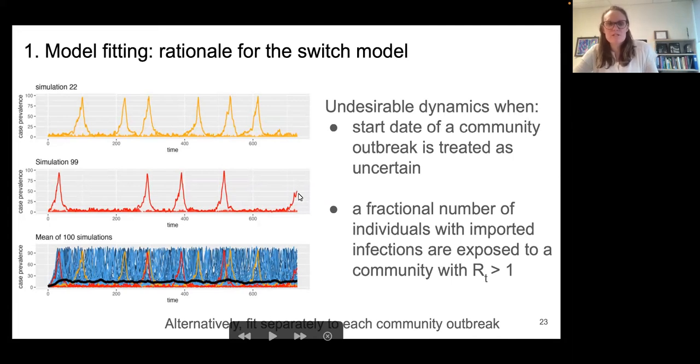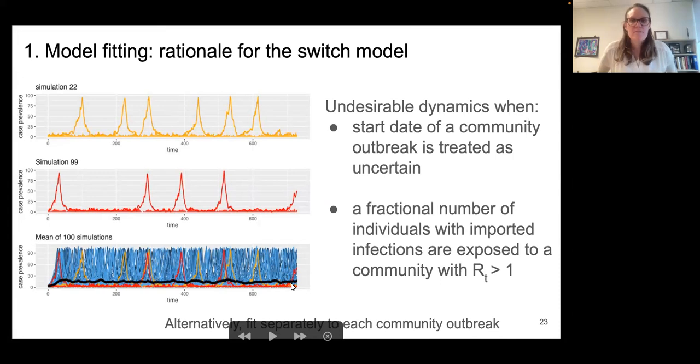Simulation 22, simulation 99, and 98 others just like those. You completely misrepresent the dynamics. You think that you have a constant low level of cases, where in actuality you have a number of distinct outbreaks and periods with no cases. So we get undesirable model dynamics when we treat the start date of a community outbreak as being uncertain.